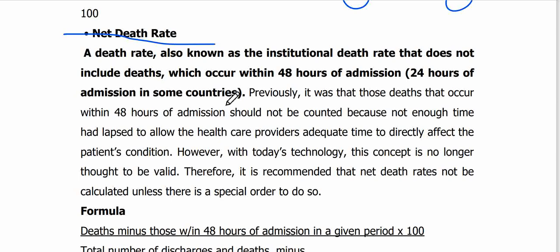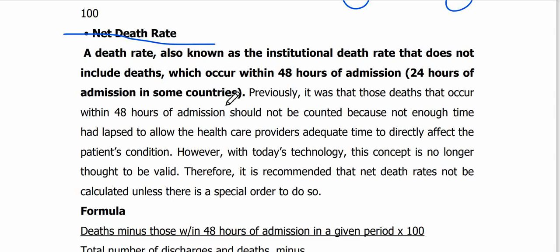Then we have the net death rate, also known as the institutional death rate, which does not include deaths that occur within 48 hours of admission. It is 24 hours of admission in some countries, but in our countries here, we normally consider 48 or sometimes even 24 hours.